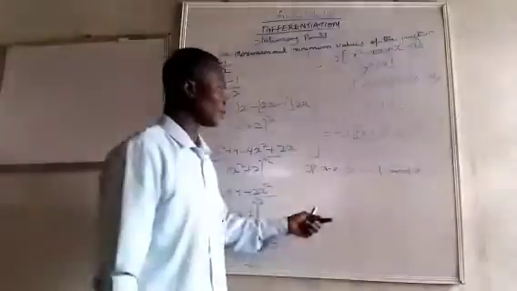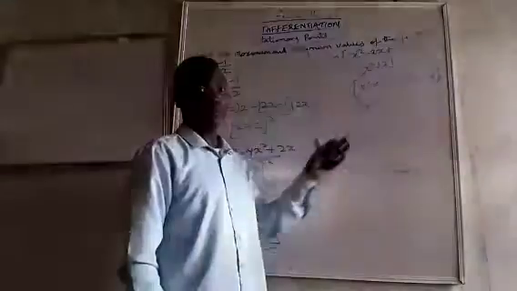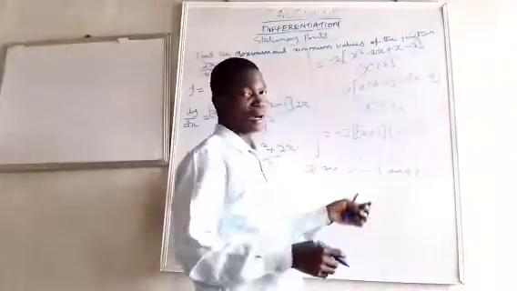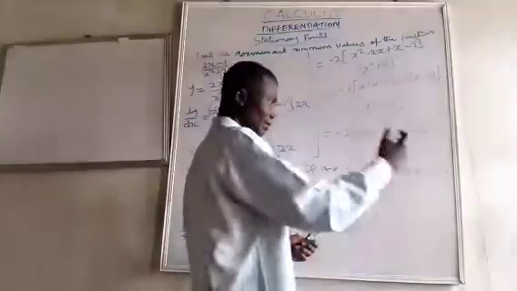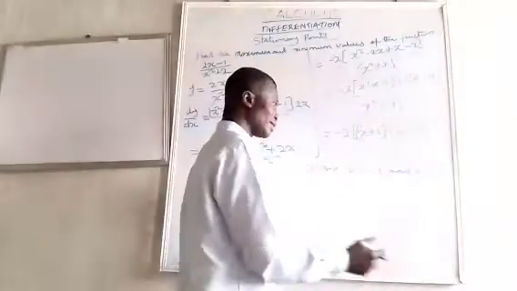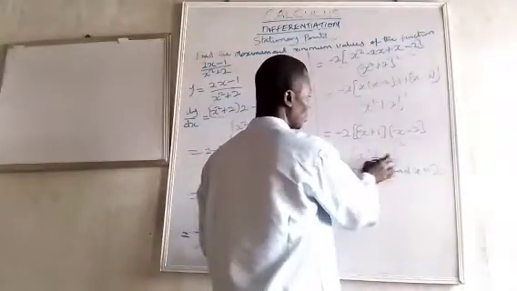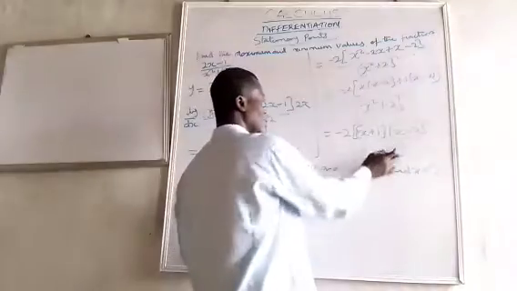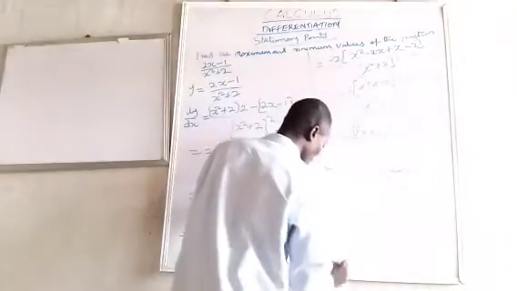Now to differentiate between maximum and minimum points, let us use our sign test. That is, before maximum point, the dy/dx is positive and negative after maximum point. I won't be able to use that graph because of the denominator. Now let's do that.